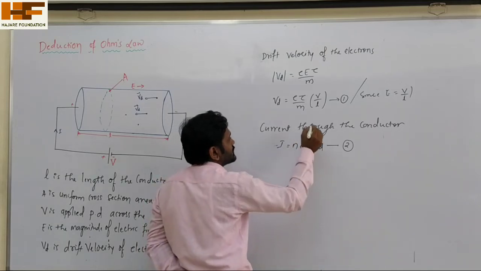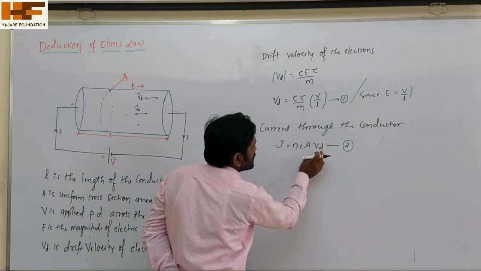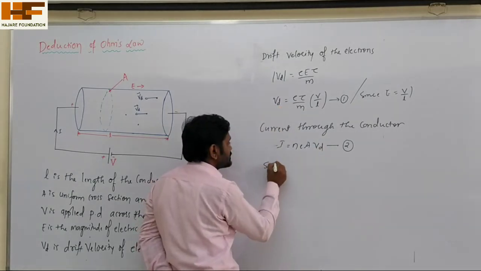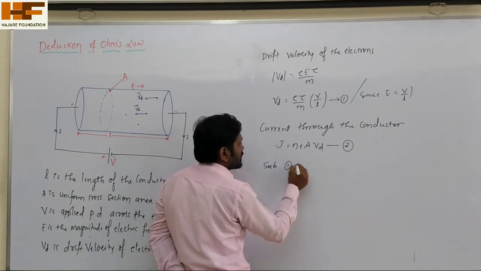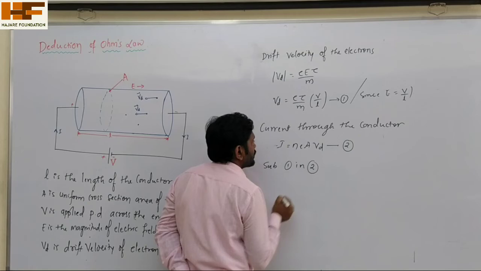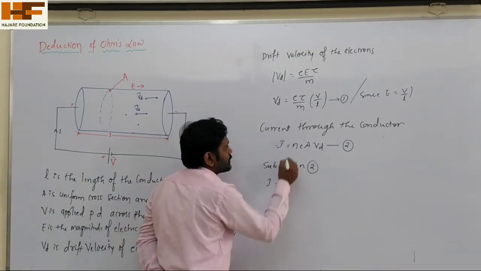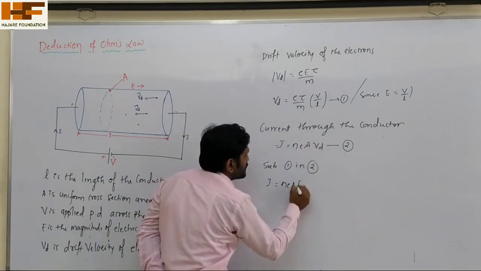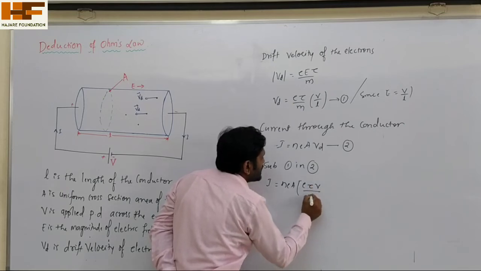Let us substitute the v_d value from equation 1 in equation 2. Here I is equal to n e A, and in place of v_d we put e tau V upon m L.